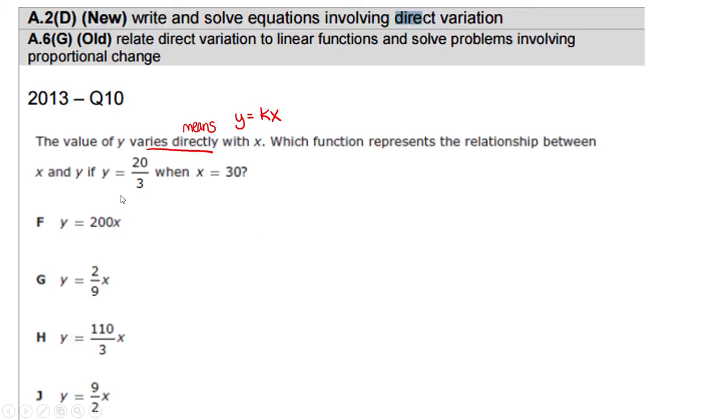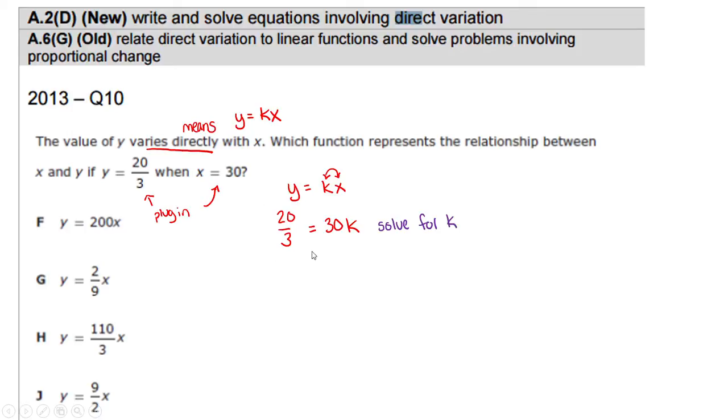But in this problem, they give us y and x. So using y equals kx, if you rearrange the order and plug in 20 over 3 for y and 30 for x, we're going to solve for k. That is the key to this question. Now, this fraction might be scaring you.